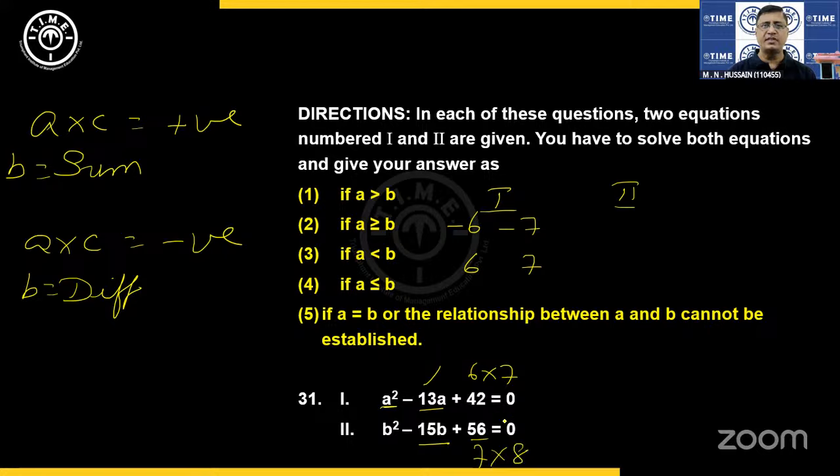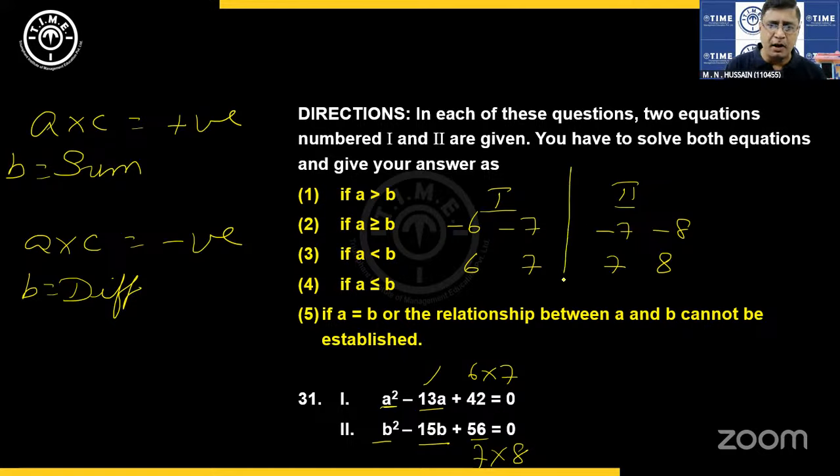The sum of 7 and 8 is 15. So the factors are minus 7, minus 8, and the roots are 7 and 8 by the coefficient of b square. Just take the same numbers with opposite sign, so minus will become plus, plus will become minus.